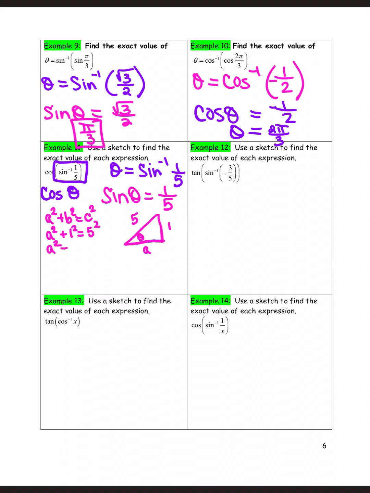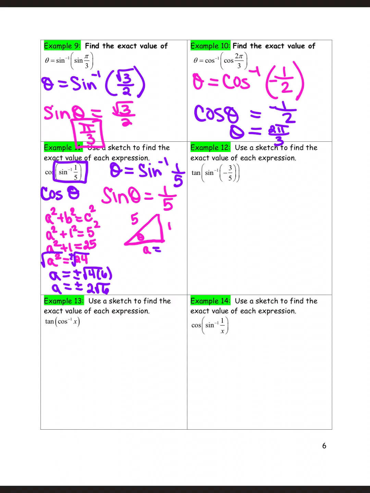So a squared plus 1 equals 25. Subtracting 1 from both sides, a squared equals 24. And when I take the square root of both sides, it's plus or minus. So a equals, and 24 can be broken up into 4 times 6. So a is equal to plus or minus 2 square root of 6.